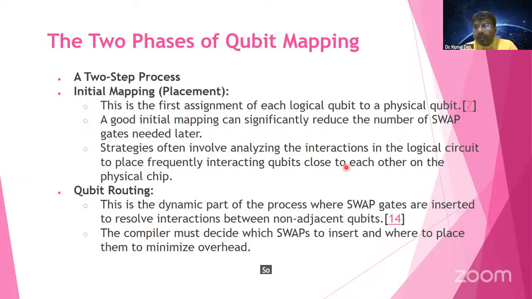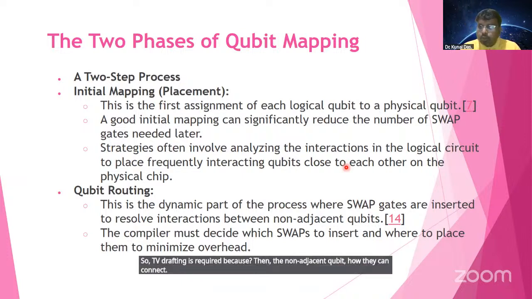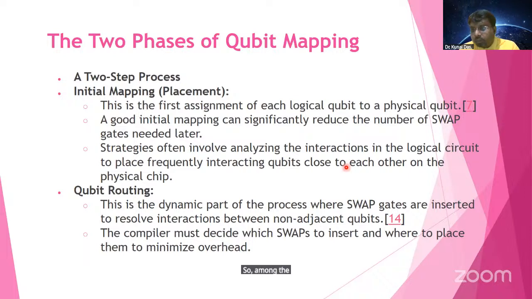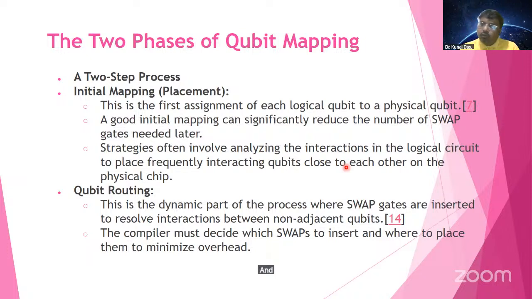Qubit routing is required because non-adjacent qubits need a way to connect. Among the list, we pick the one that gives the lowest swap count and lesser overhead from the different swap gate usage in a transpiled circuit.